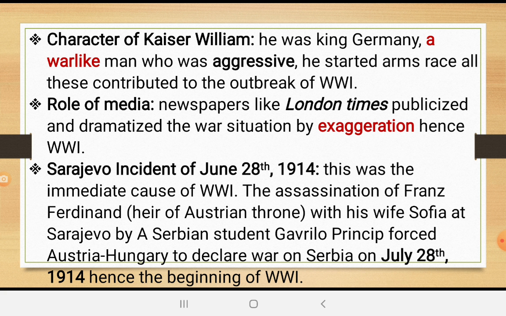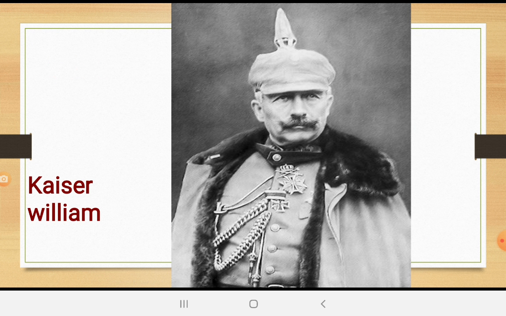This marked the beginning of First World War, as Austria was pushed by Germany, while Serbia was also defended and helped by France and Russia. This picture shows Kaiser Wilhelm, the king of Germany at that time. This one was aggressive and a warlike man.